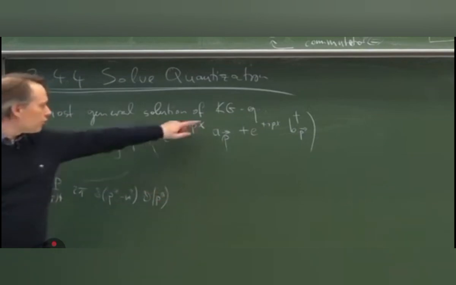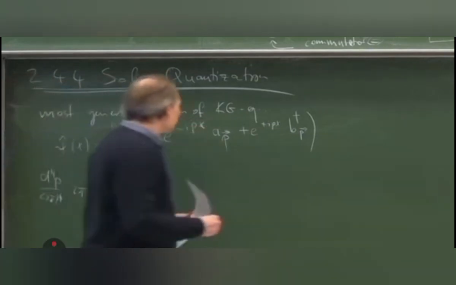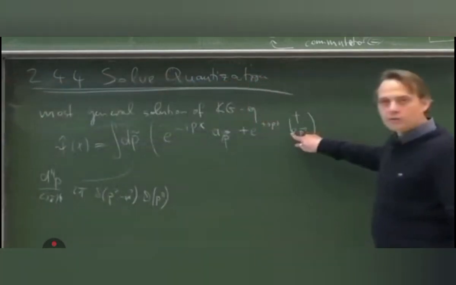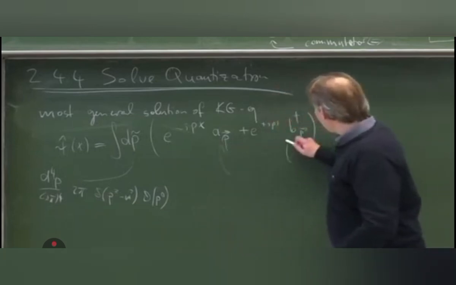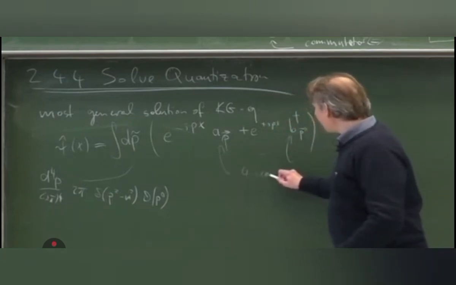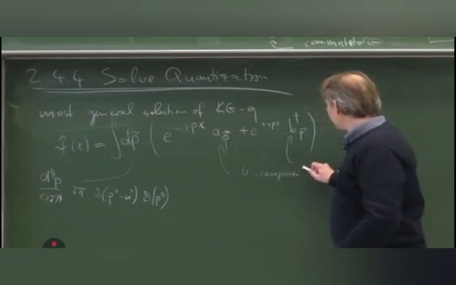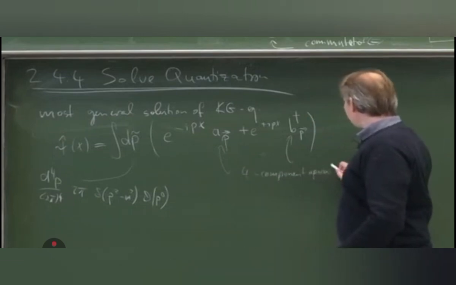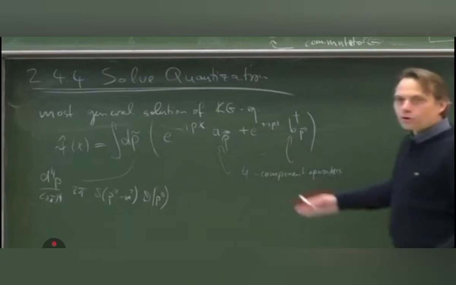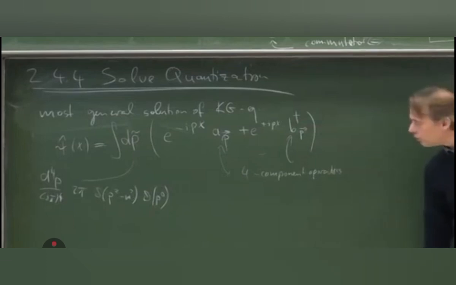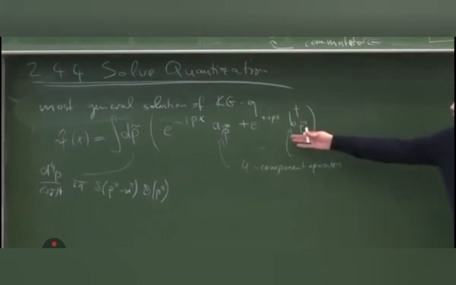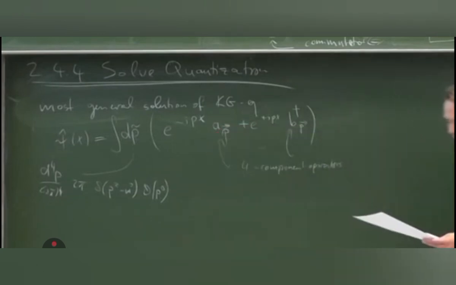So it's a spinor valued operator, or an operator valued spinor, and here the same. So these are 4 component operators. We don't know anything yet about the different components, but anyway, it has 4 components, and each component is some operator which depends on p in an arbitrary way, and whatever we do, it will satisfy the Klein-Gordon equation.